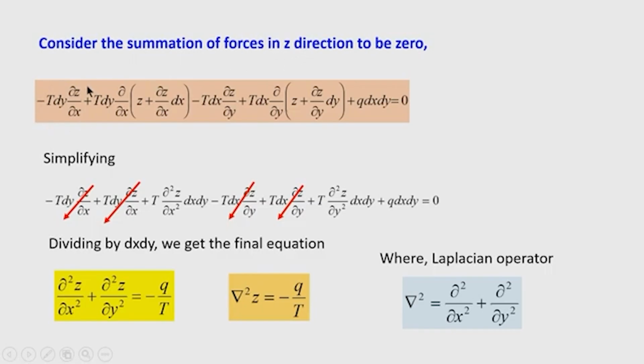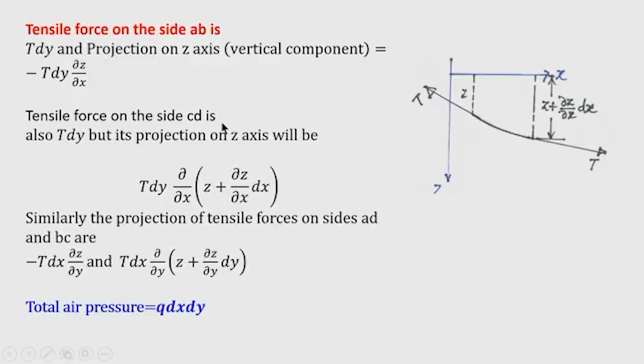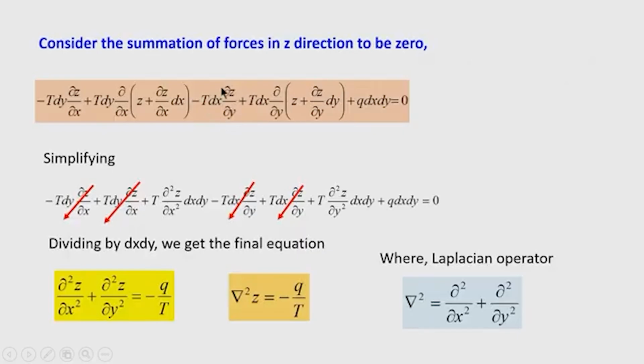This is one component of the tension on the element AB. This is another component of the tension on the other end of the element AB. Like that, we have got the component of the tension on the elements which are parallel to the x axis, that is the element AD and element BC.